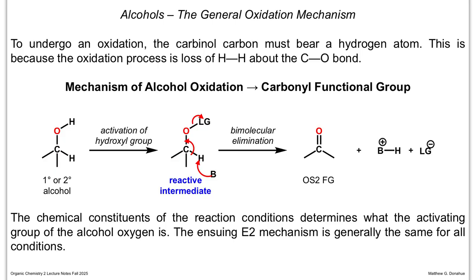And the necessary requirement for an oxidation to happen is that the carbonyl-carbon must have at least one hydrogen atom. So that's going to be the acidic hydrogen that is deprotonated during the elimination.